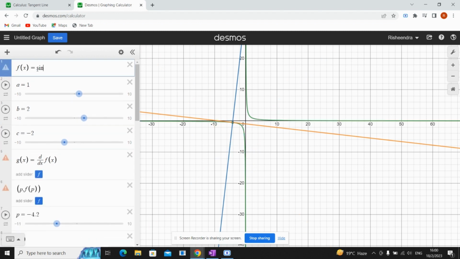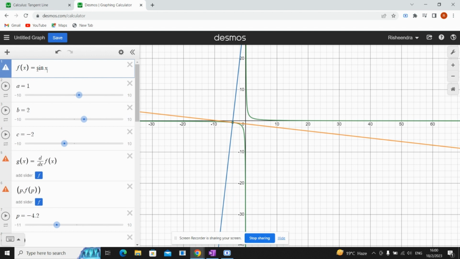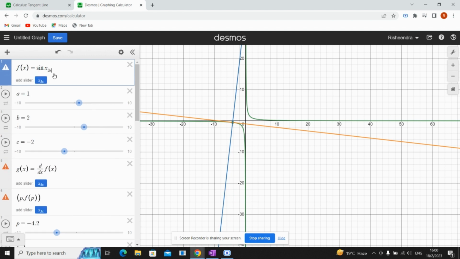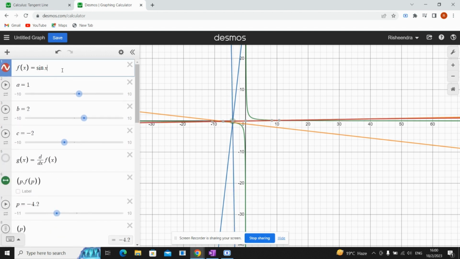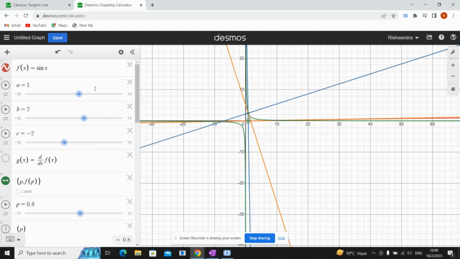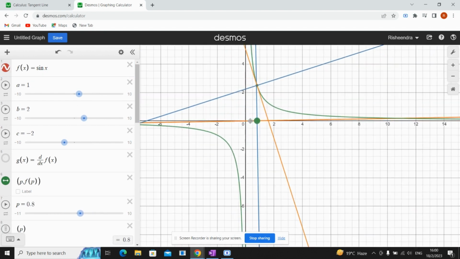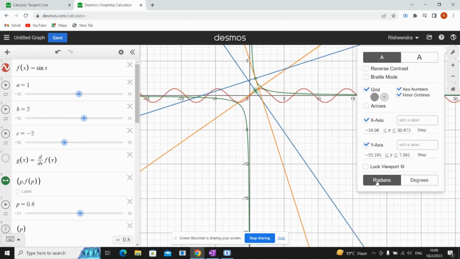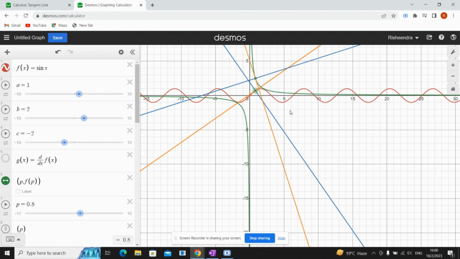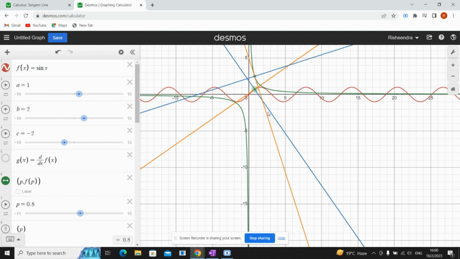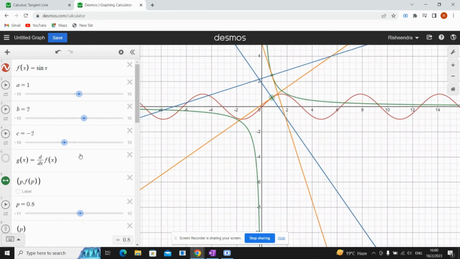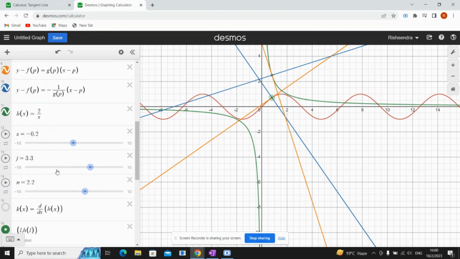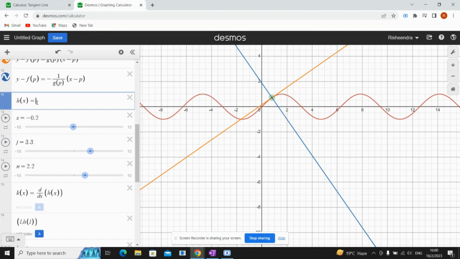Sin x is x. Look at here. F of x is equal to sin x. Oh no, sorry. Let's change the angle into radians to be clear. See, look at here. And the other wave to be, let's say, cos x.